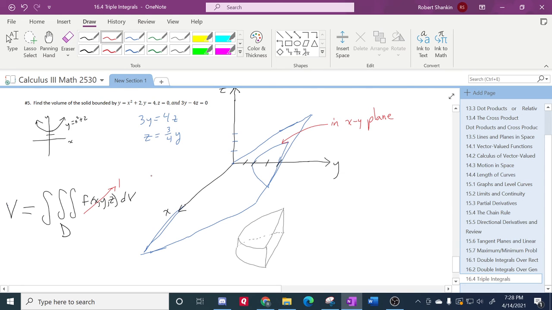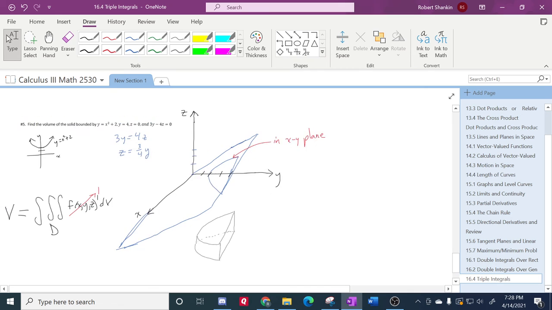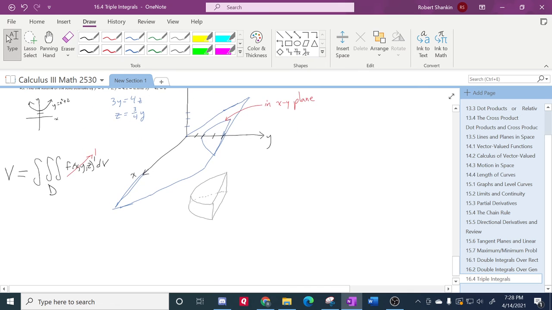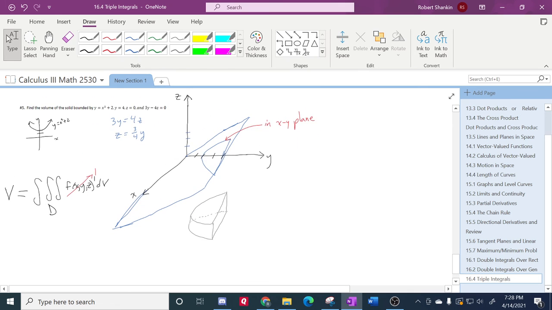And we have all these descriptions. So how can we put this together to make the set D?